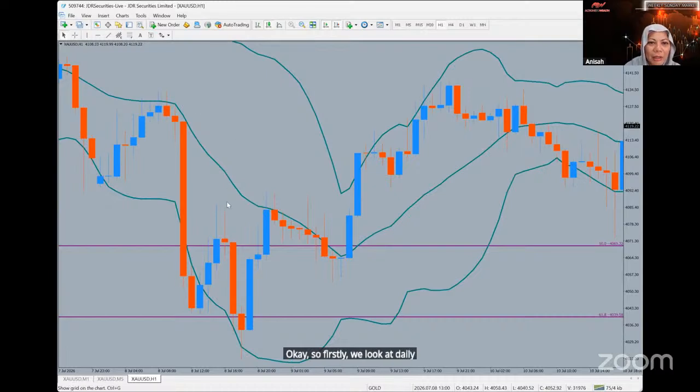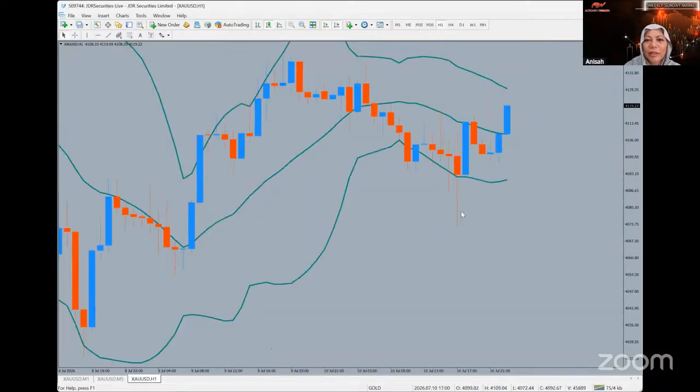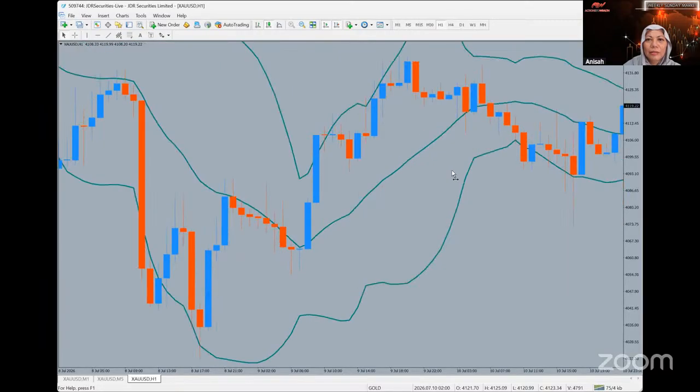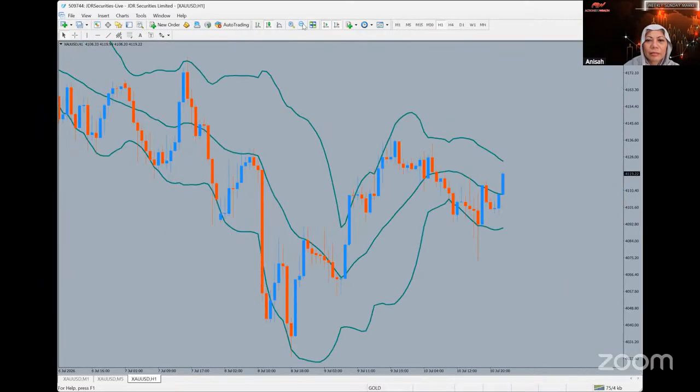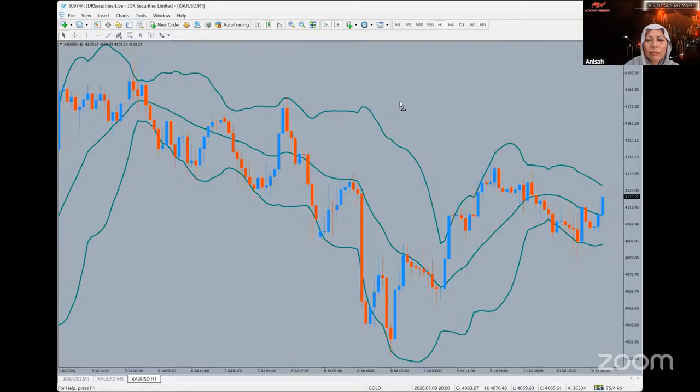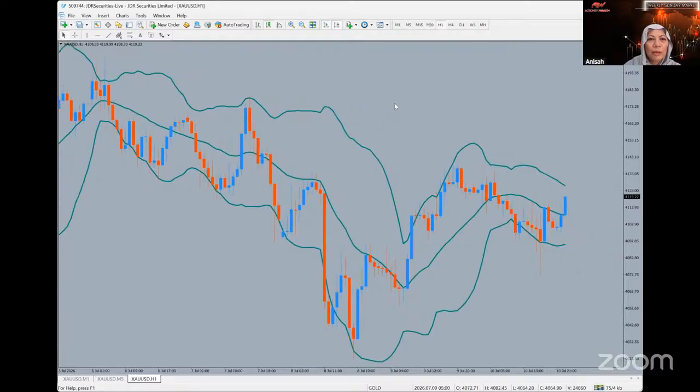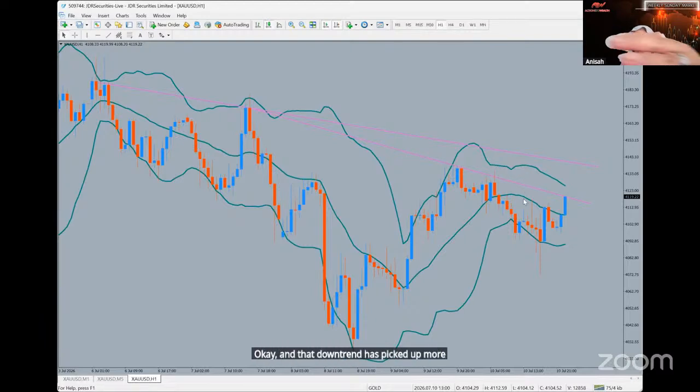Let me clear all this. For gold, it is still an obvious downtrend, and that downtrend has picked up more momentum because it has gone steeper.